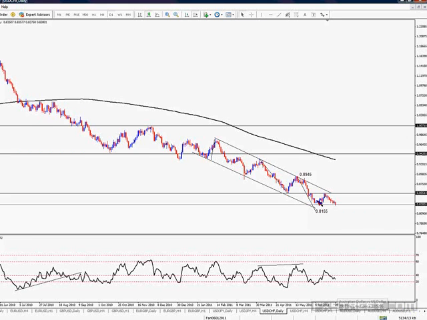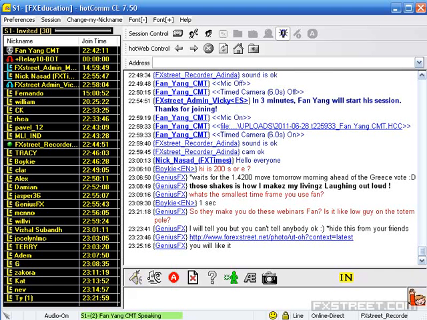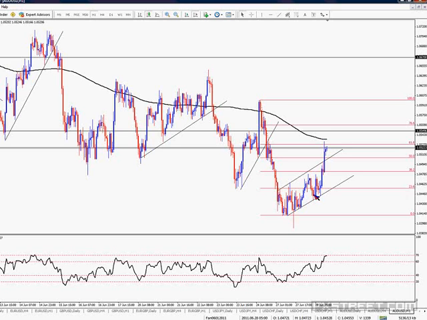Okay, so here's the Aussie dollar. Interesting pullback. This was in a little channel, but now we are in a throw over. Okay, breaking above the resistance, going towards 61.8% retracement, which is at about 1.0530 area.